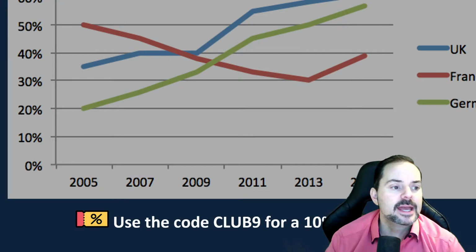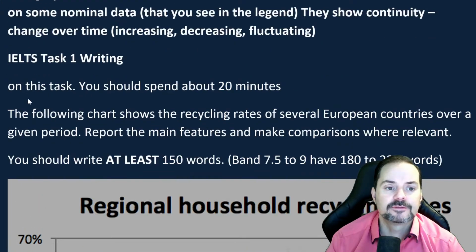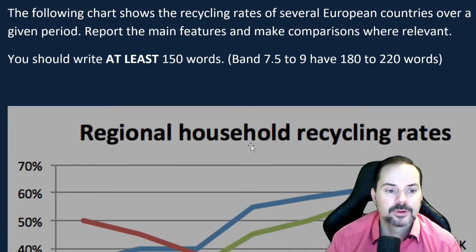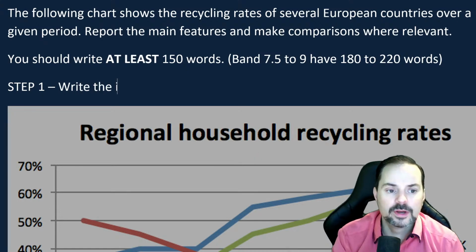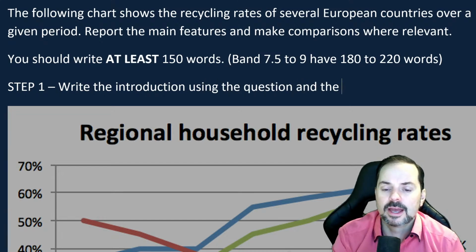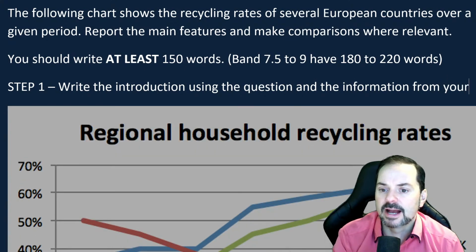So now what we can do is take the first step in the essay, okay? So write the introduction, all right? Step 1, write the introduction using the question and the information from your first look at the graph.